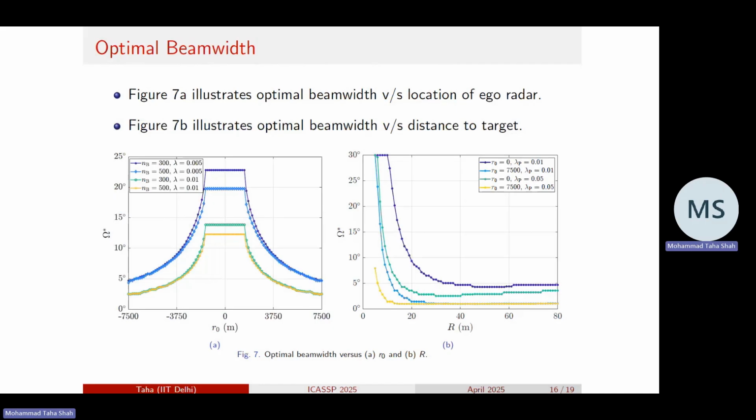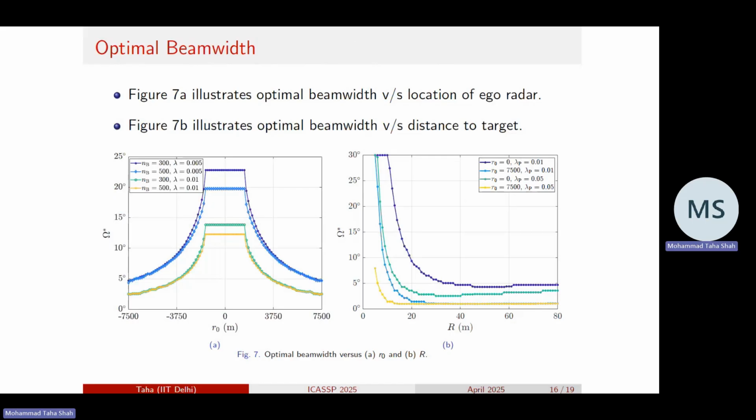At the outskirts of the city, having a larger beam width does not significantly increase the potential number of targets related to the detection probability. As a result, smaller values of omega prove optimal. Likewise, we see the behavior of optimal beam width with respect to distance to the target R. For ego radar located outside the city center, the beam width must dynamically decrease as R increases.